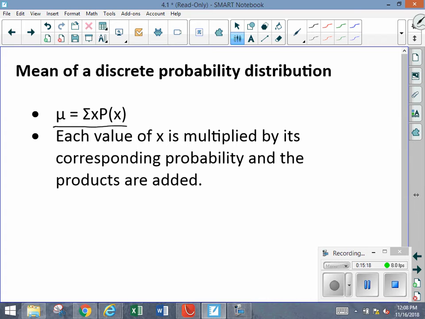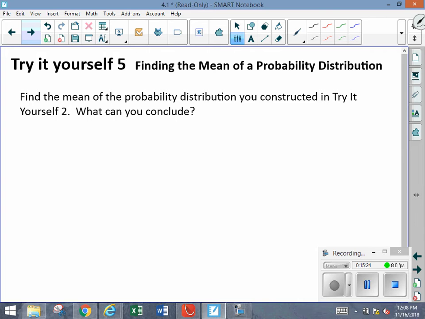I've seen this before. I do know, I just forgot. Well, let's write it out. So we're going to let our calculator do it, right? But the mean is going to be x times probability of x.